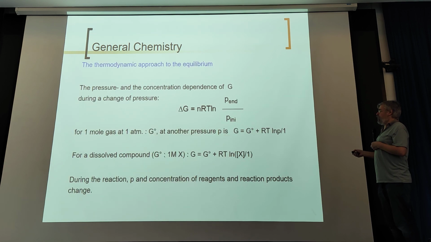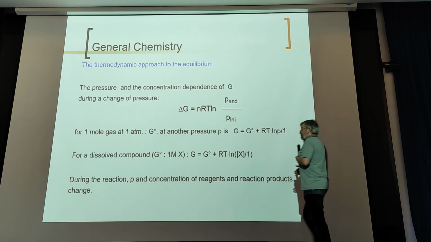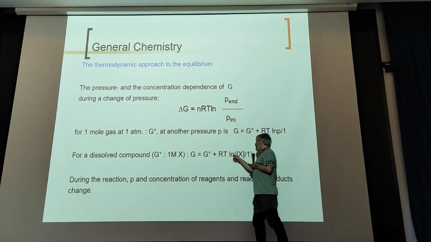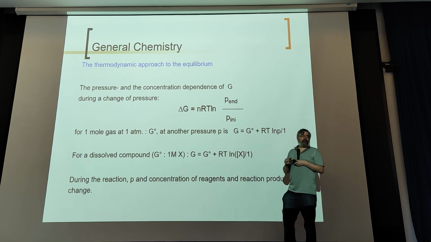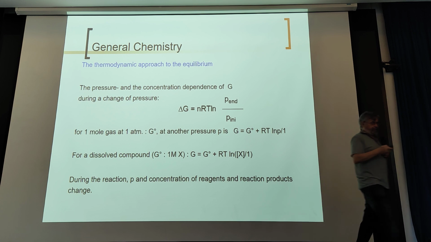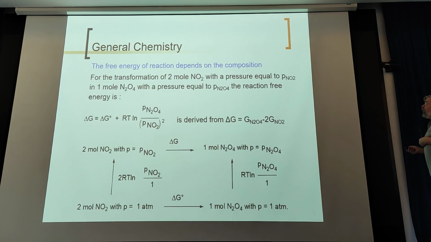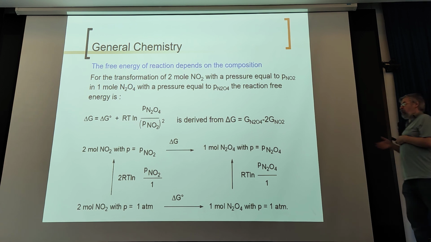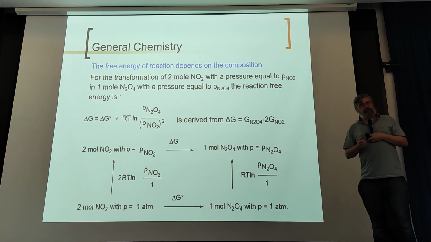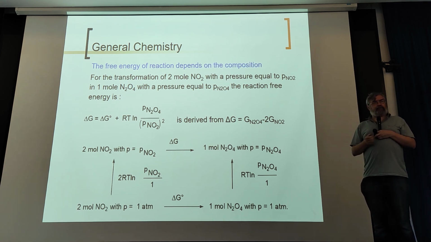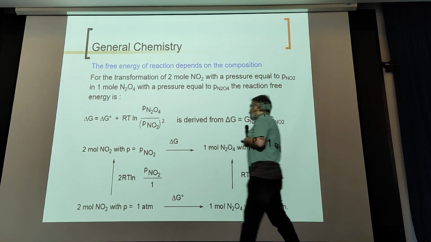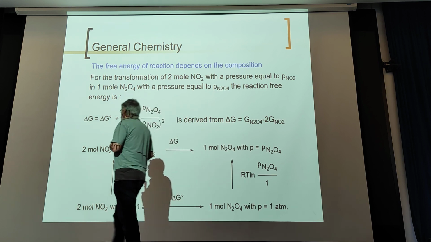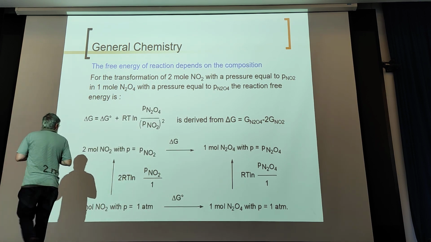Delta G, here we have it. G is G0 plus RT ln concentration, or ln P when it's actually a gas. So here we have combined. So if we look at it as kind of Hess diagram, say that in the beginning we have 2 mole of NO2.